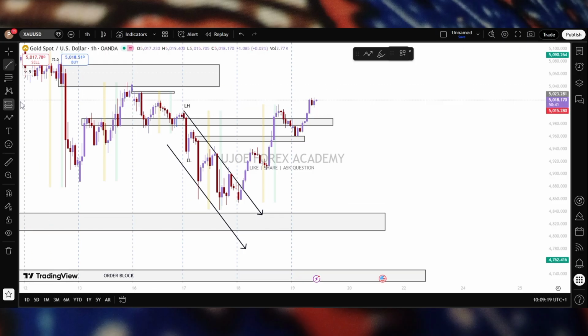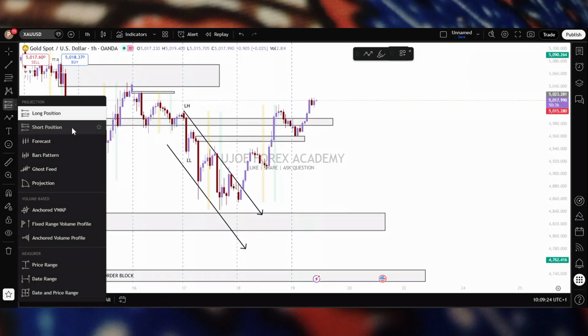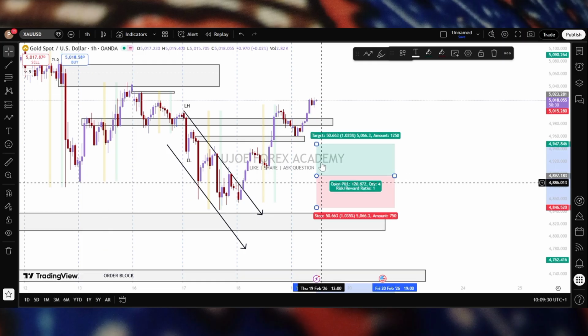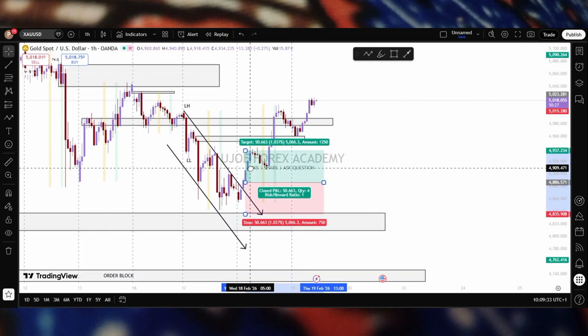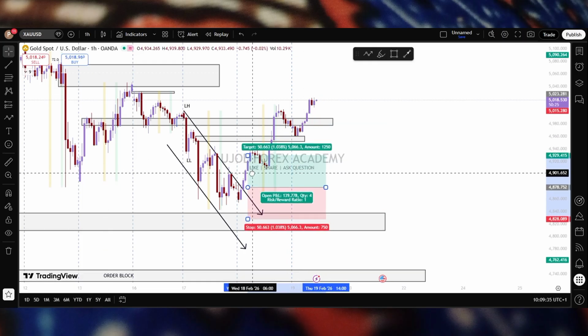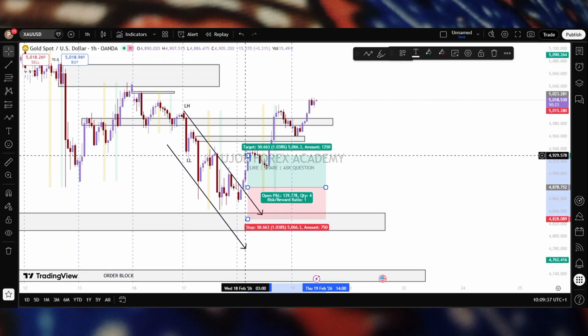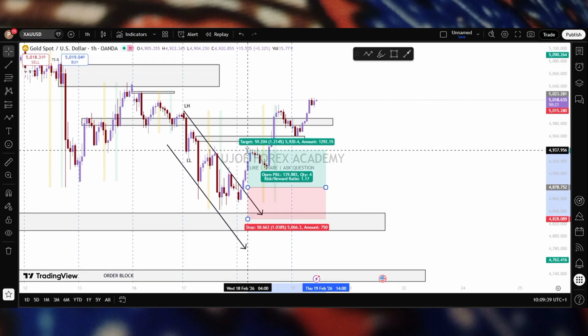And for that which was entered in this position, you could see that price entered this trade at this point. What we happen to be looking at is a 1:2 risk to reward ratio. This is a beautiful trade that played out and it kept moving all the way up to this point.